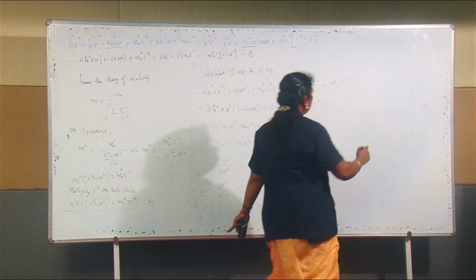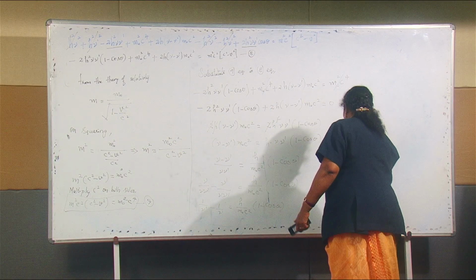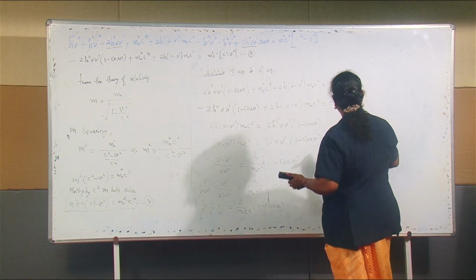But if you write it in terms of lambda, what is the Compton shift? The difference in wavelength is nothing but the Compton shift.